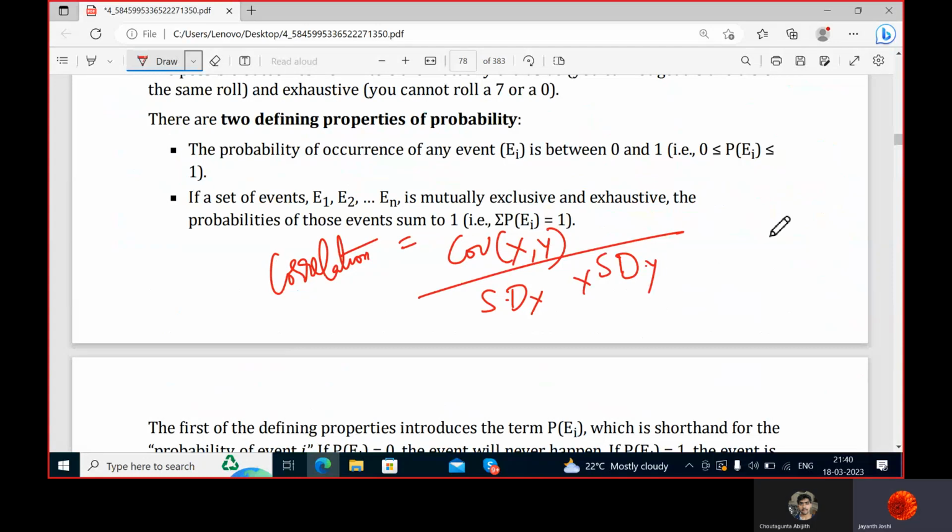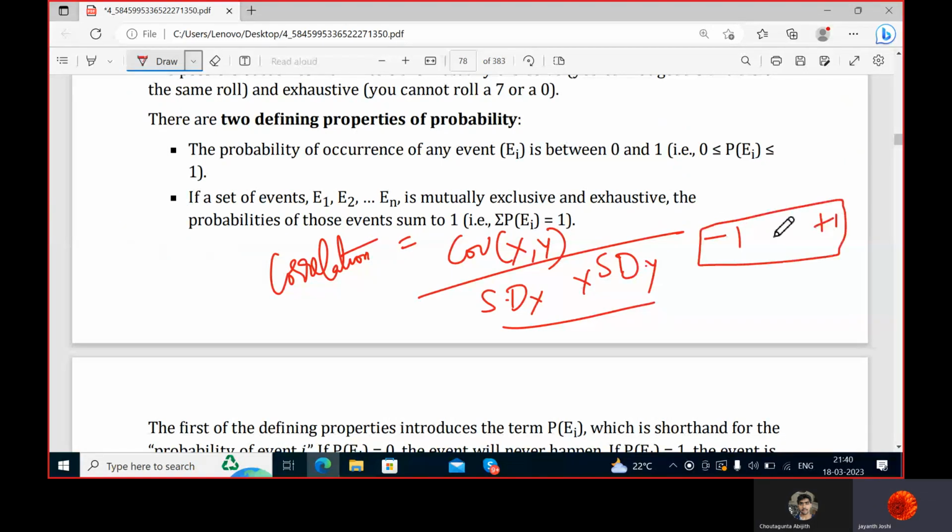But why am I dividing with standard deviation? Just one second. Let me just write. Why are you dividing with standard deviation? I'm doing that to standardize the data. That means I just want to put this data in a scale of -1 and +1. So I have to normalize this data.